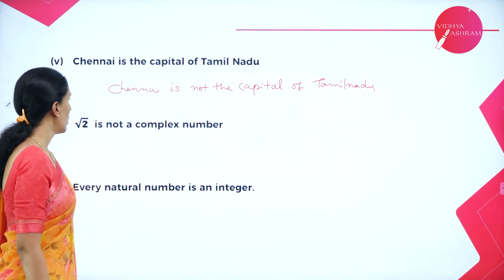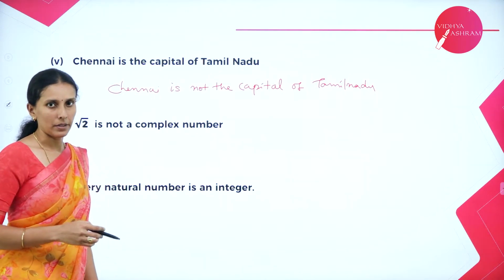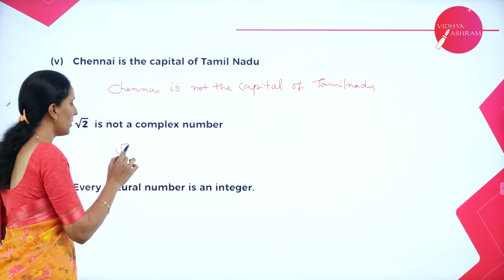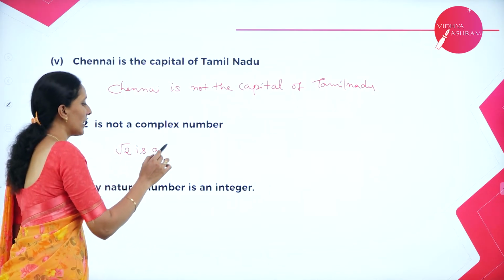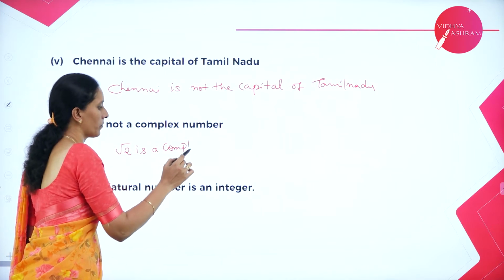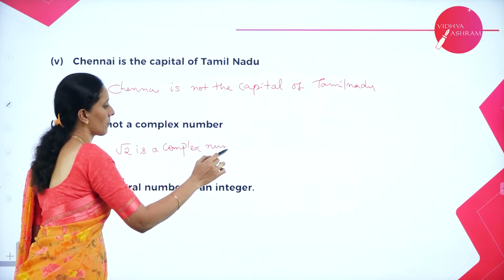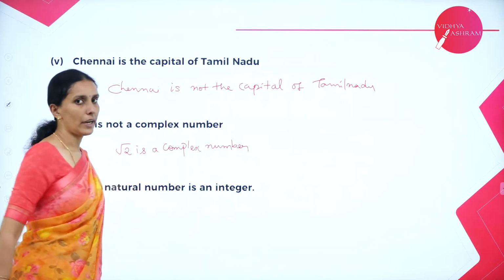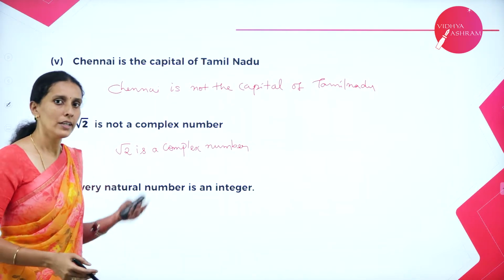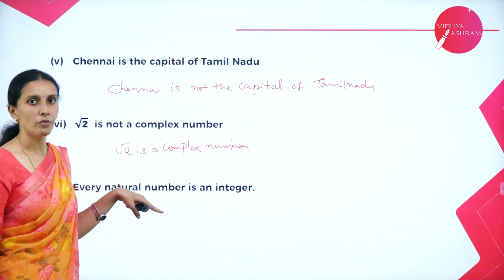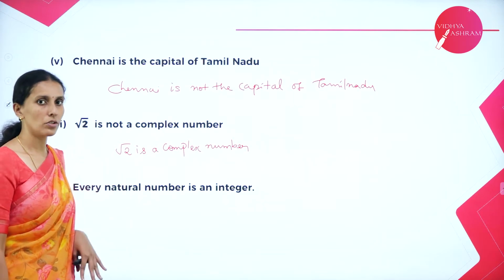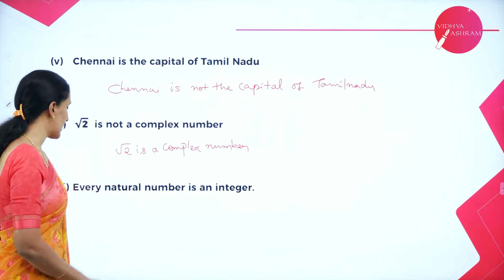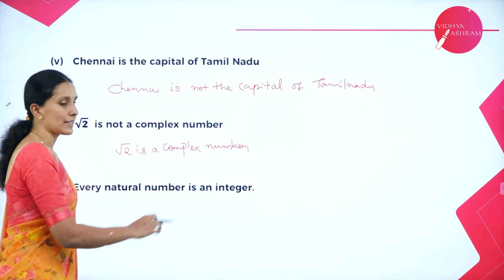So next one, root 2 is not a complex number. They have given root 2 is not a complex number. We write root 2 is a complex number. So negating is not only just writing "not". Whenever "not" is given, we will write without "not" also. That is also the negation of a statement. Next, every natural number is an integer.